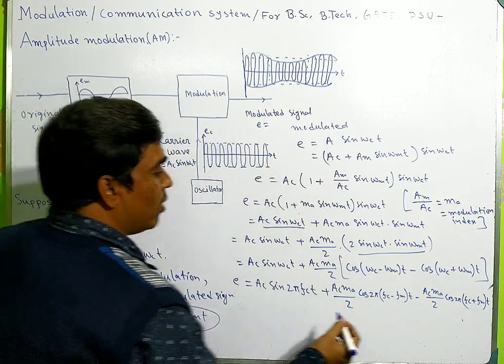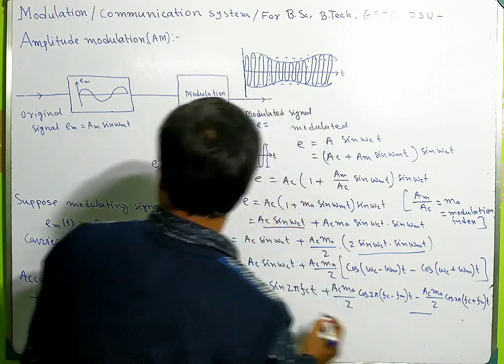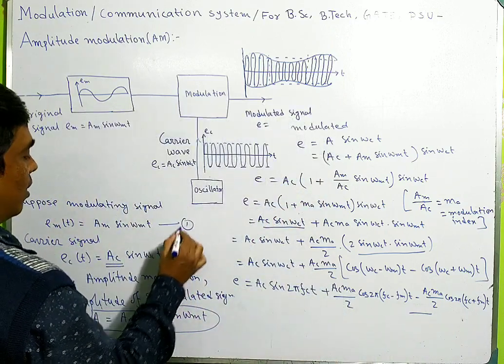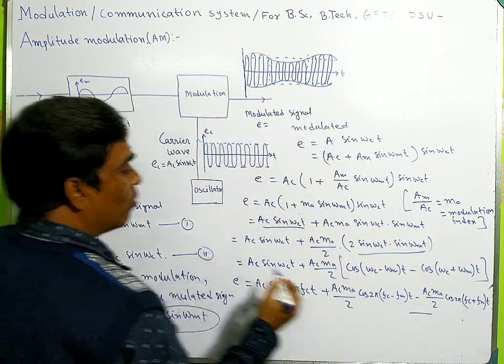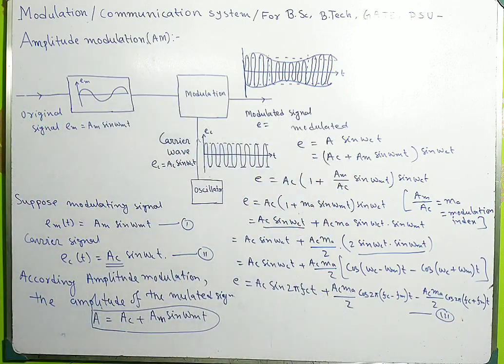So this is the equation number; suppose this is 1, this is 2, suppose this is 3.